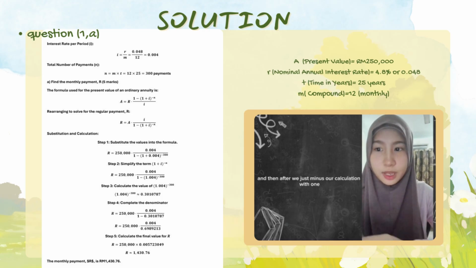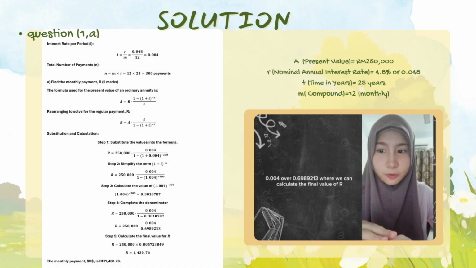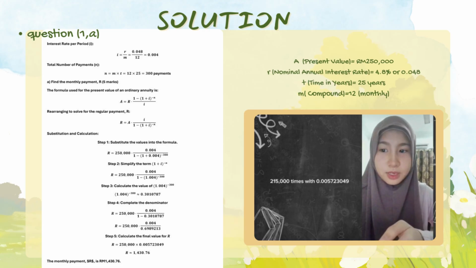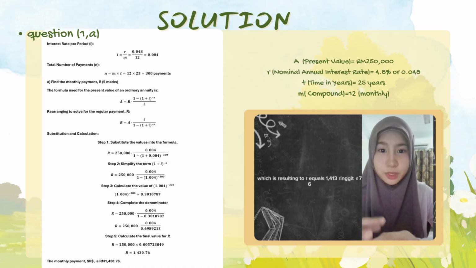0.3010787. And then after we minus our calculation from 1, we are going to do another calculation, which is 250,000 times 0.004 over 0.6989213, where we can calculate the final value of R, 215,000 times 0.005723049, which results in R equals 1,413 ringgit 76 cents.